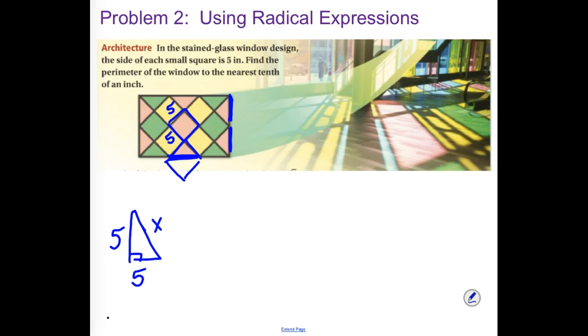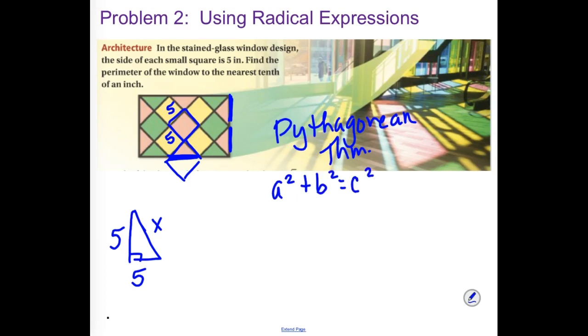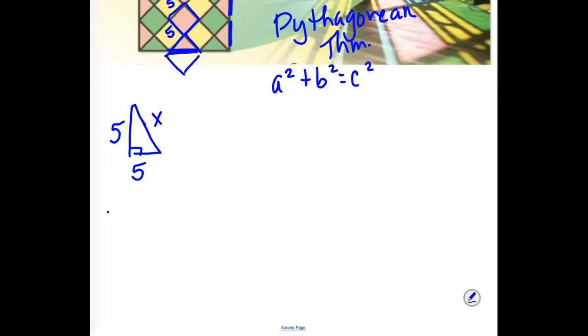All right, Pythagorean theorem, good. A squared plus b squared equals c squared. What are my a's and b's in this case? They're both 5s. So 5 squared would be 25. Same with b squared.